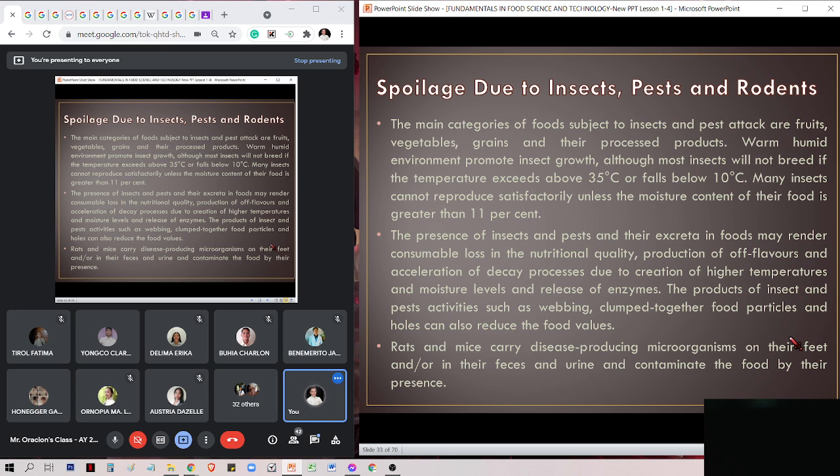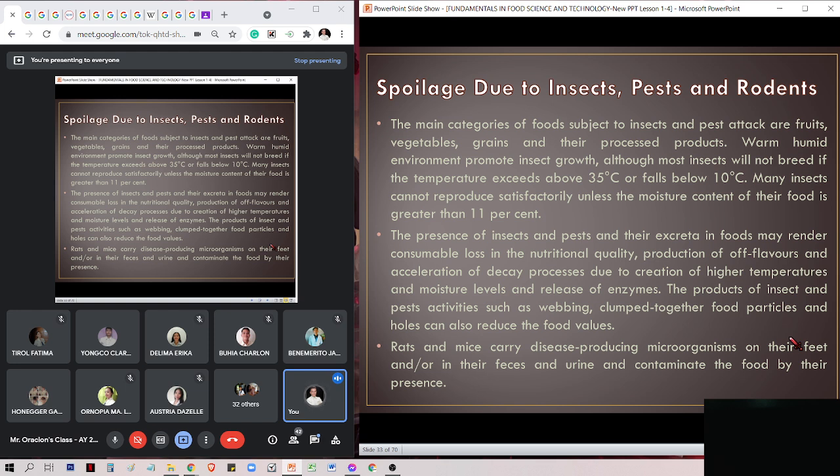Production of flavors and acceleration of decay processes occur due to the creation of higher temperatures and moisture levels and the release of enzymes. The products of insect and pest activities, such as webbing, clumped food particles, and holes, can also reduce the food value.